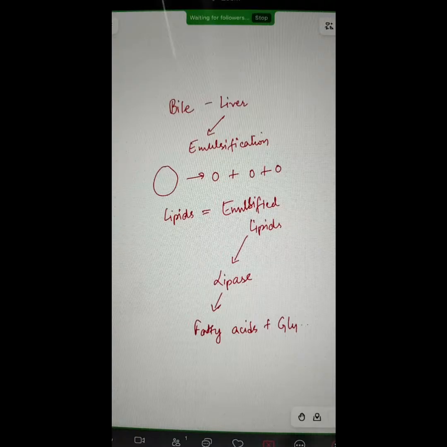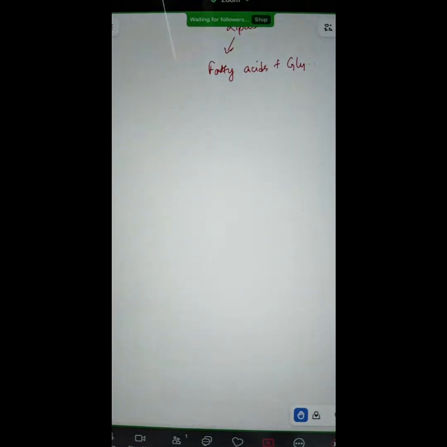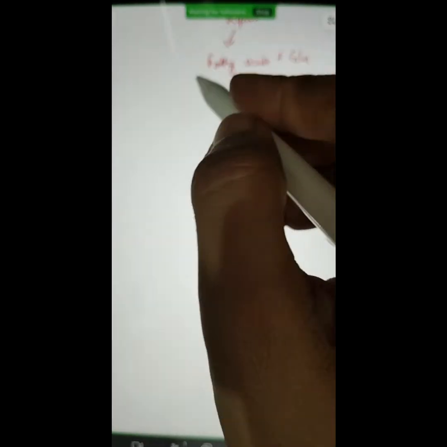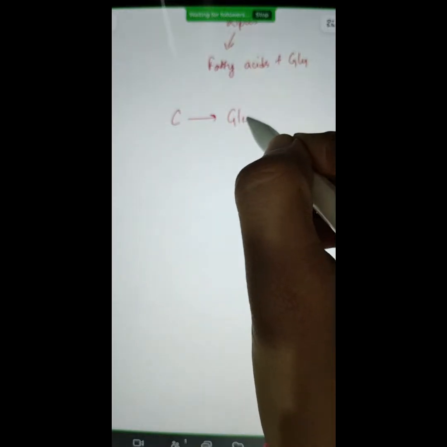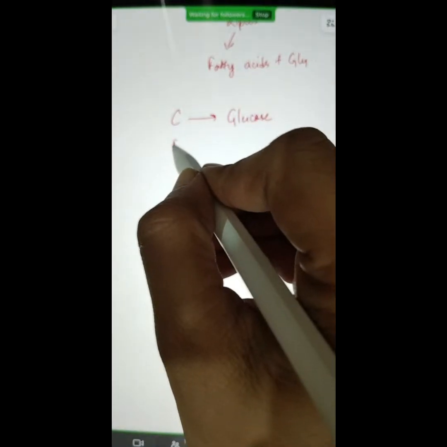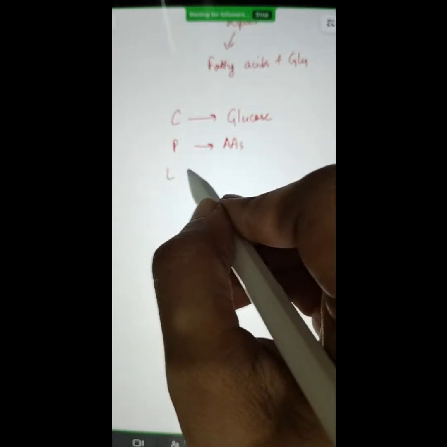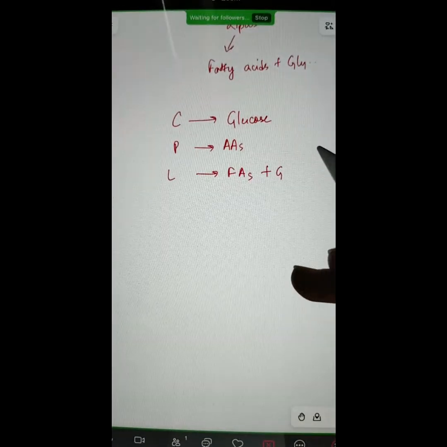So this is happening in the part of the small intestine which is just after the stomach. As the small intestine is quite long, as the food passes further away from the stomach, carbohydrates will be getting converted to glucose, proteins will be getting converted to amino acids, lipids will be getting converted to fatty acids and glycerol.